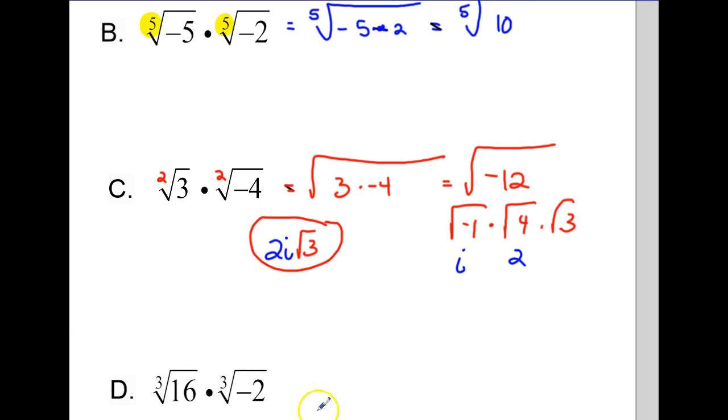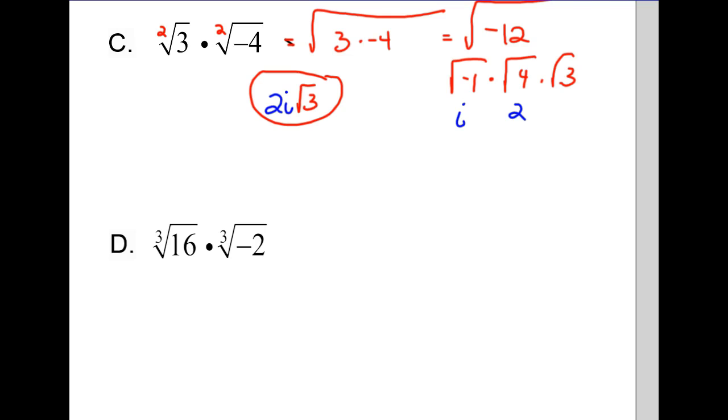And last but not least, let's take a look at D. So D says I'm going to take the cube root of 16 and multiply it by the cube root of -2. So I can write this all underneath one radical. And 16 I'm going to write as 2 times 2 times 2 times 2. 2, 4, 8, 16.